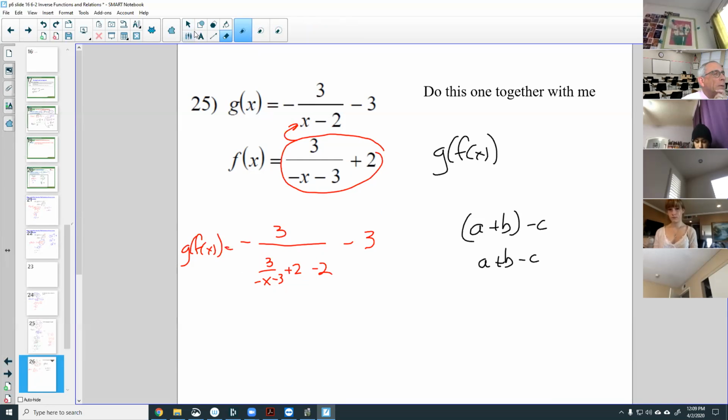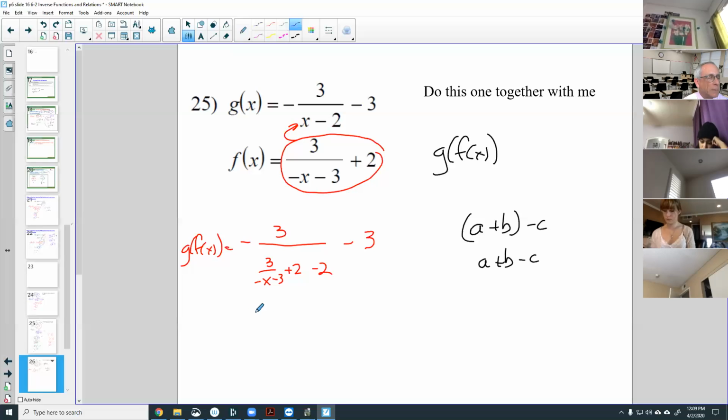what do you see? You can get rid of the 2's. Okay, do that and see what happens. Can I cancel those 3's? Not yet. That's what I thought.